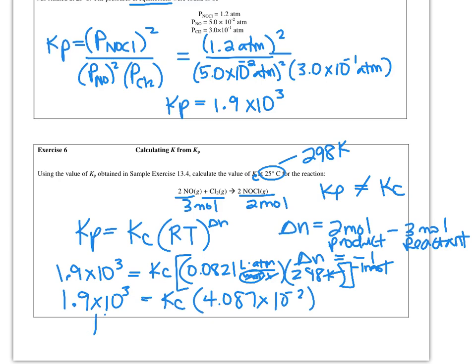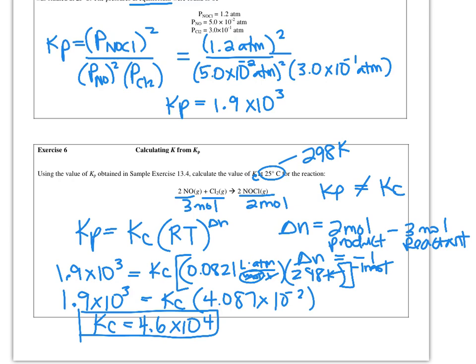And so my Kc value, again not worrying about units, is going to be 4.6 times 10 to the fourth. Okay, so notice Kp is not equal to Kc because they are not equal moles. So that's very important to recognize.